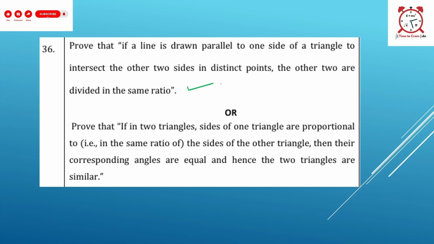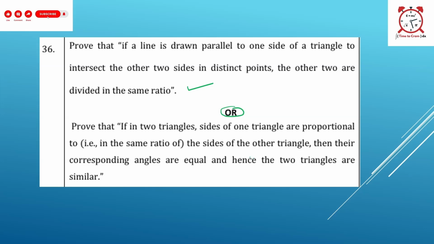The explanation is already there, so we are not wasting our time writing the proof of the theorem again. In the same way, in the OR option, the question is to prove the similarity of two triangles. This also we had proved in model question paper 1. So go and watch the video, clear your doubts, and prepare the theorems.